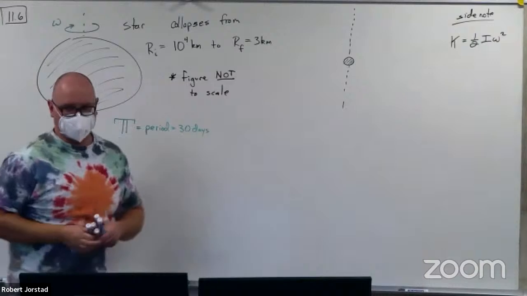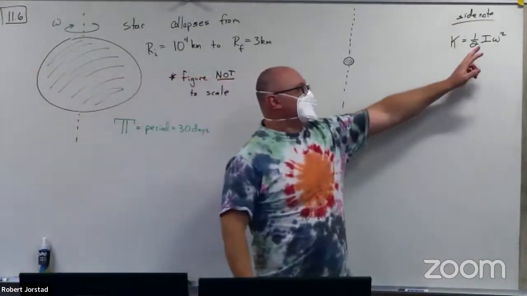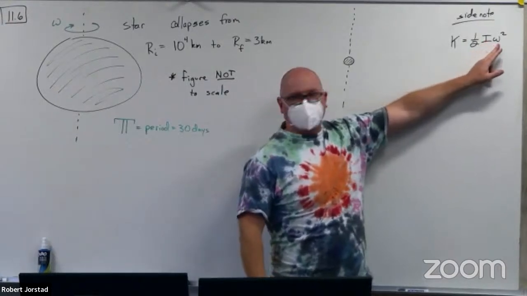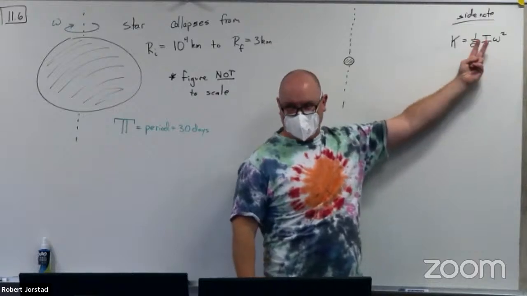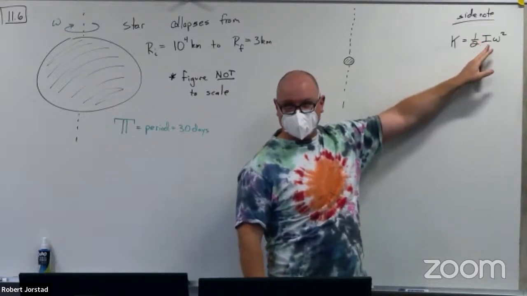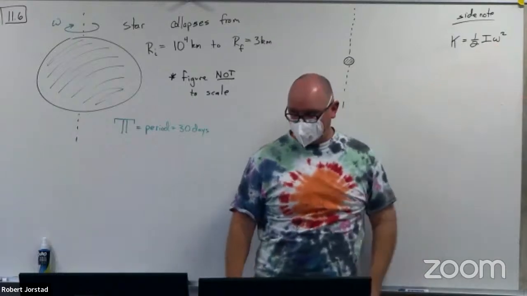Usually what happens in these problems is the following. If I goes down, omega goes up, and vice versa. And they usually change by the same factor. So if your moment of inertia goes up by 3, your rotation rate goes down by 3. That's what we saw in the last problem.